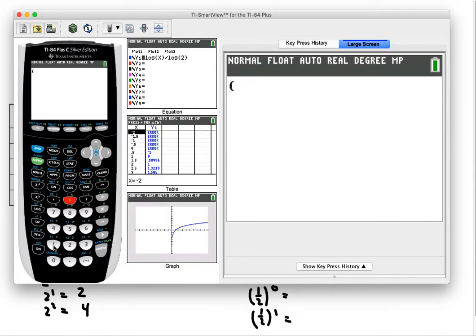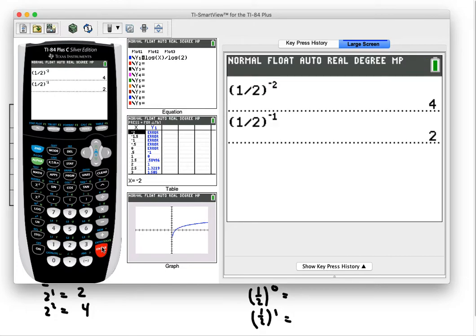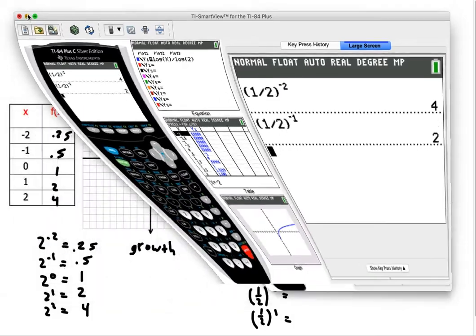I'm going to do parentheses 1 divided by 2, caret key, negative 2 equals. I can do parentheses 1 divided by 2, parentheses, caret key, negative 1. So, and you keep doing that for every single one of your values.